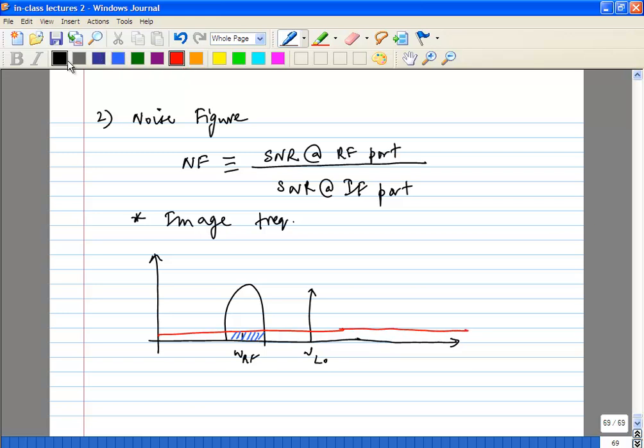So this is your image frequency. If you look at the output at IF, you are going to have your RF signal, and of course the noise from the RF, but you are also going to have noise from your image frequency band.